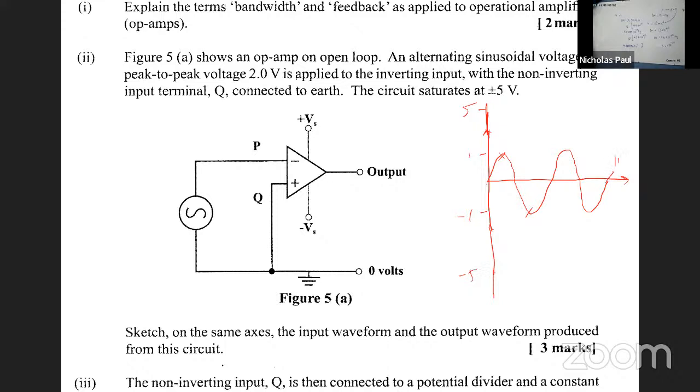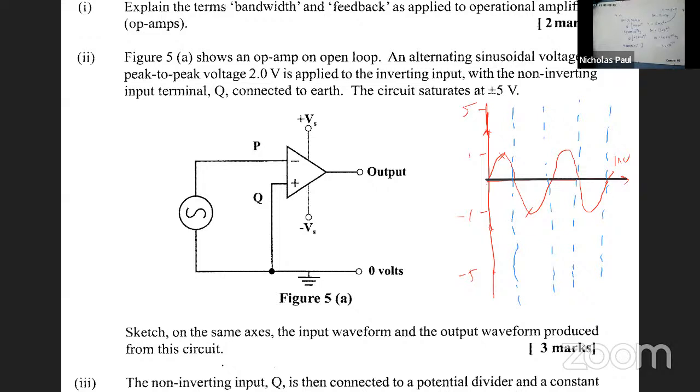The red is the inverting terminal, and I will draw a black line for the non-inverting. What do you do here to figure out the output? Draw your lines where they intersect and then compare the regions.